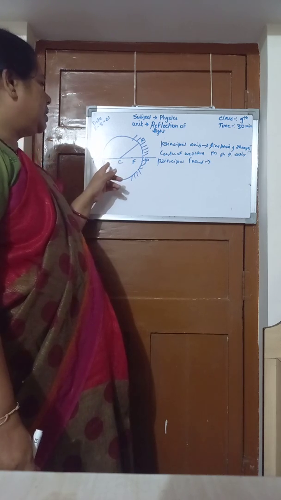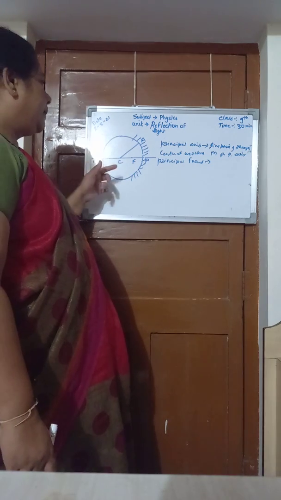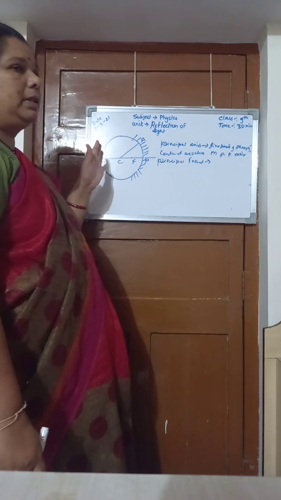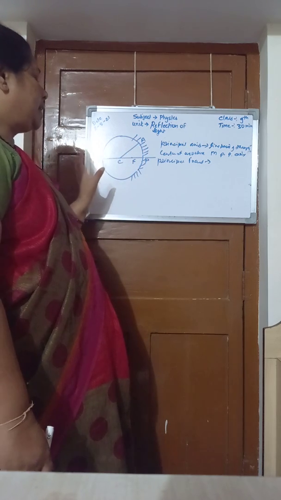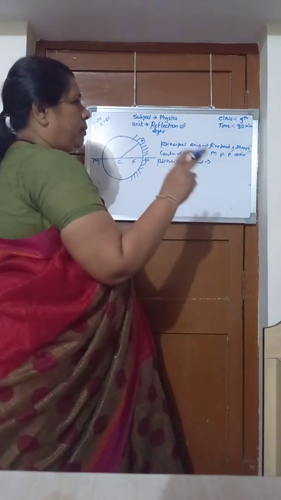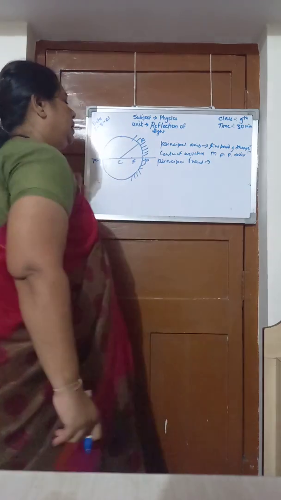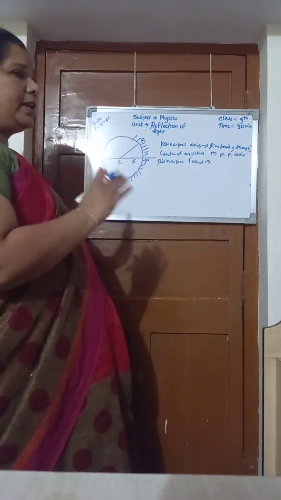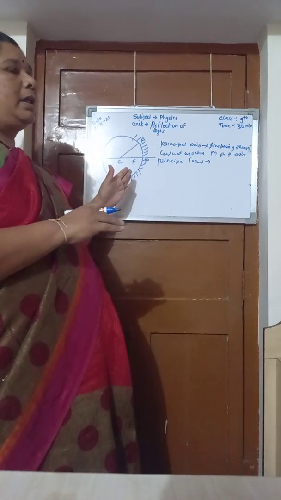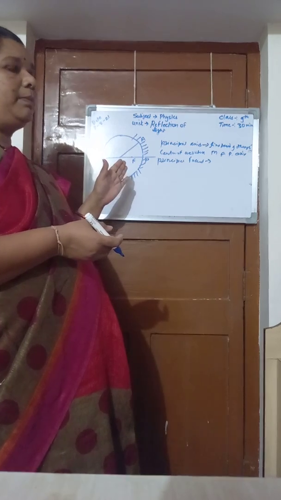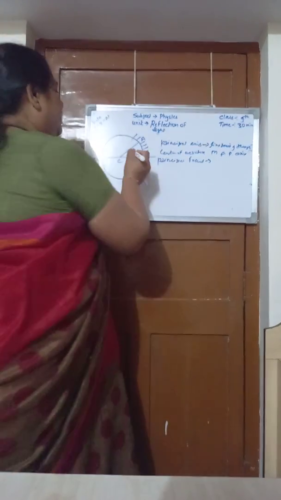If the incident rays are parallel to the principal axis of the concave mirror, then after reflection the rays meet at a single point in front of the concave mirror on the principal axis, and it is called the principal focus.